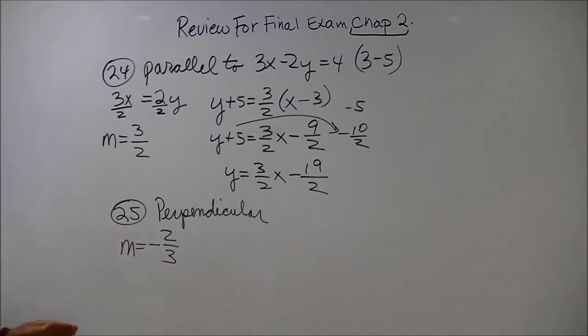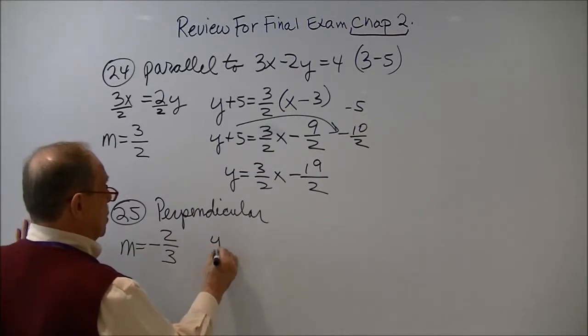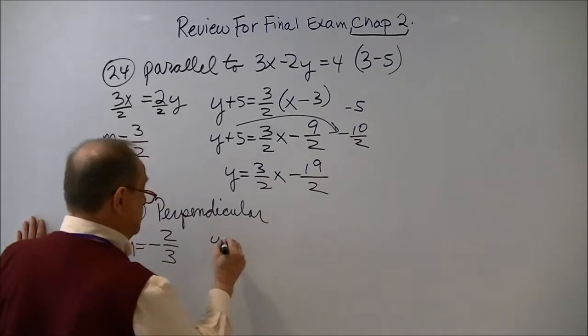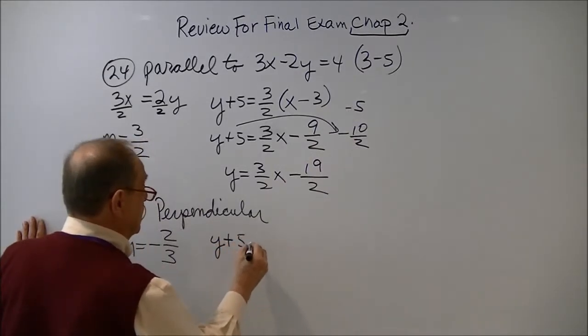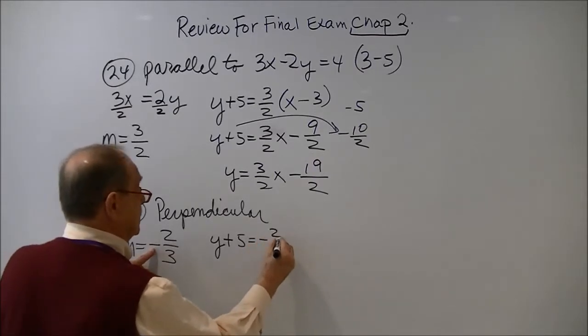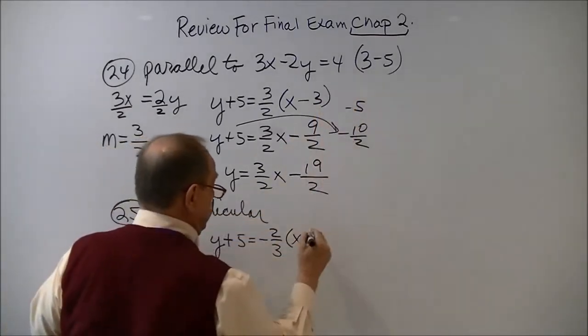Those lines are perpendicular. So, we just write it in this formula. Y minus a minus 5 makes it a plus 5 equals our new slope, negative 2/3 times x minus 3.